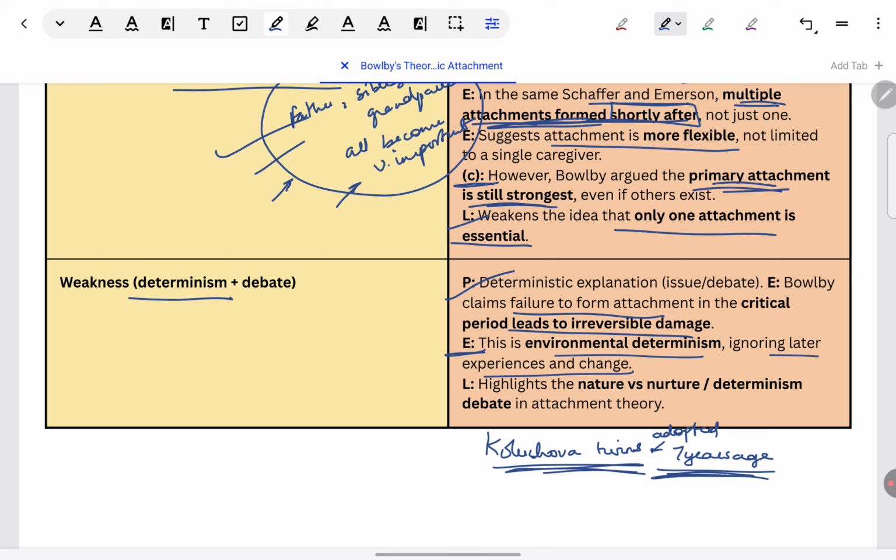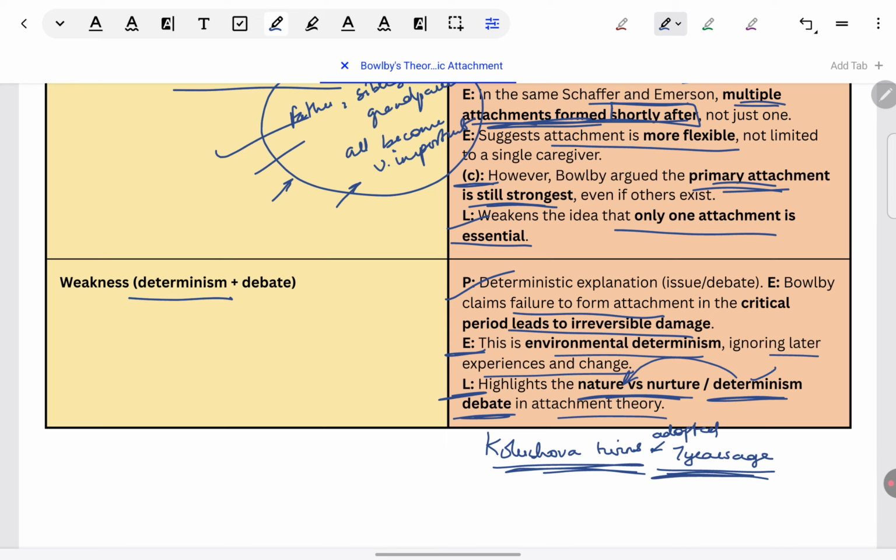The study suggests otherwise. So, overall, when we link back to this determinism debate, we can say the determinism debate is very important in attachment. We need to consider it. It also comprises nature versus nurture.